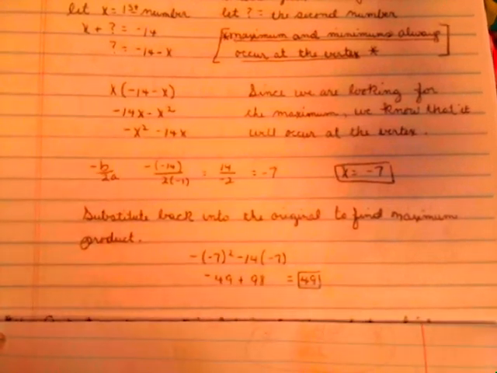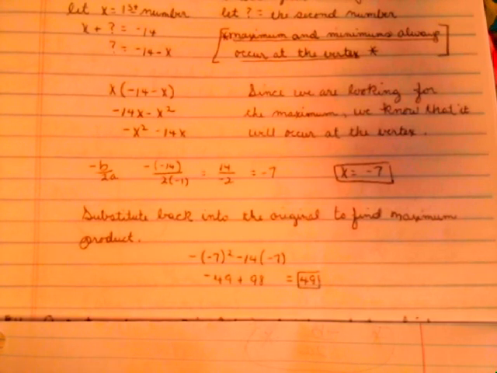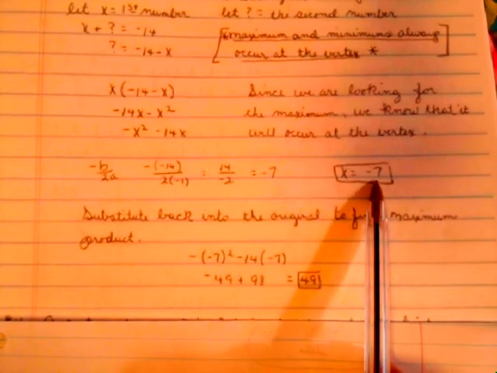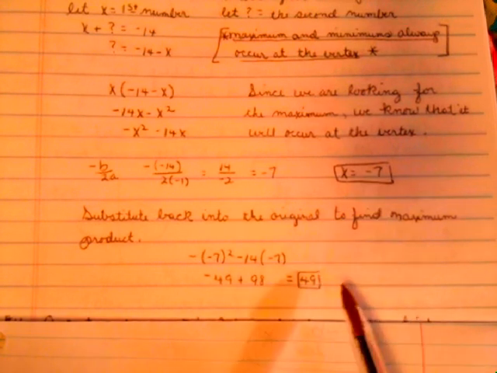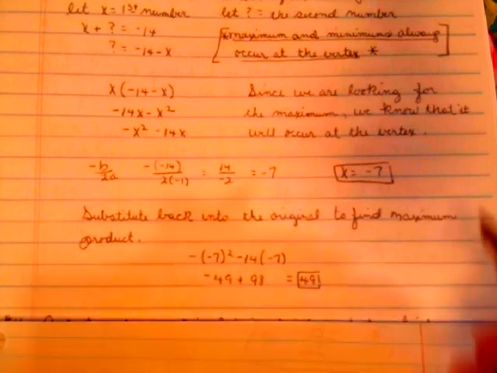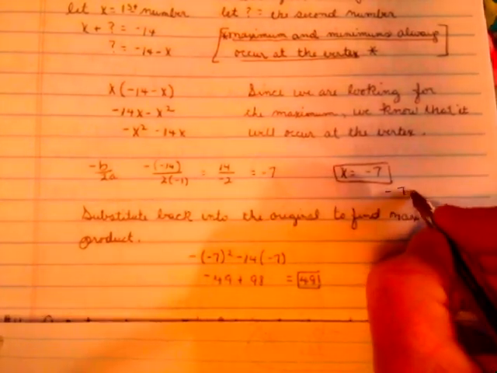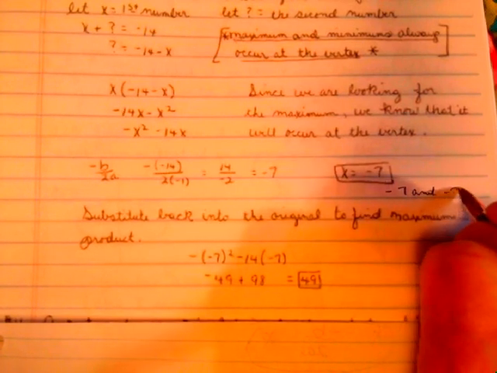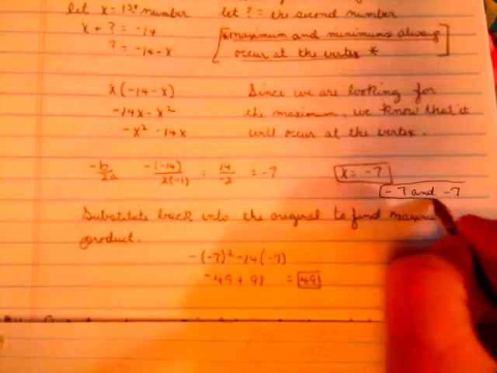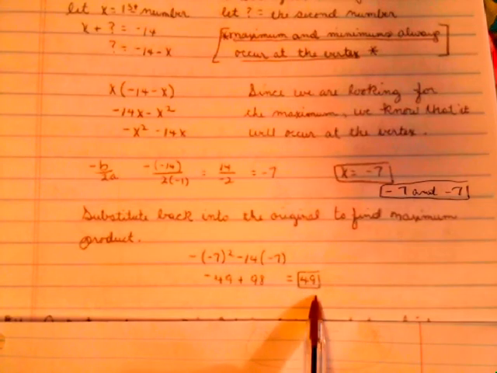They ask me what numbers yield this product. My two numbers are negative 7 and negative 7, and the maximum product is 49.